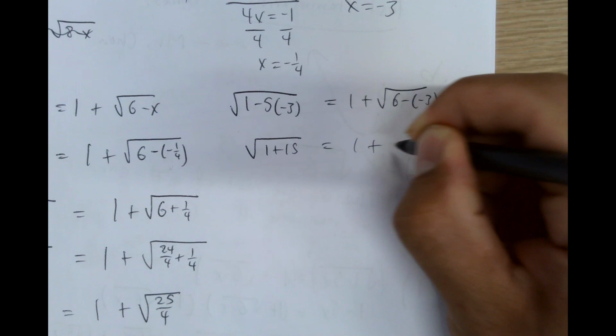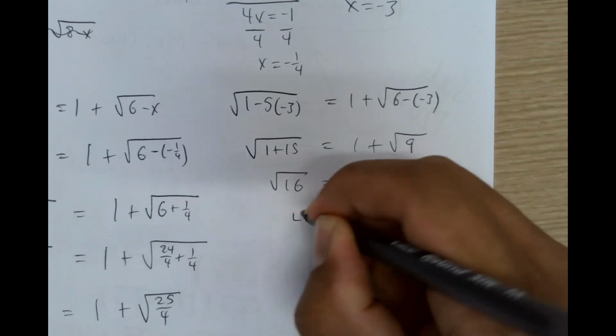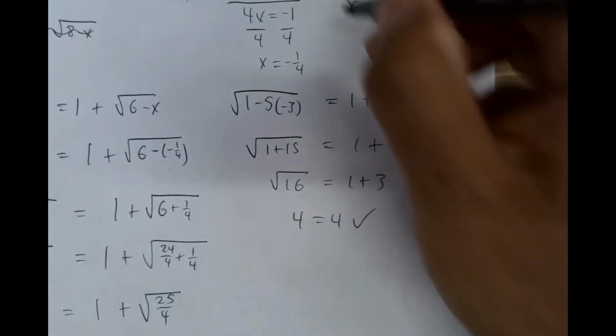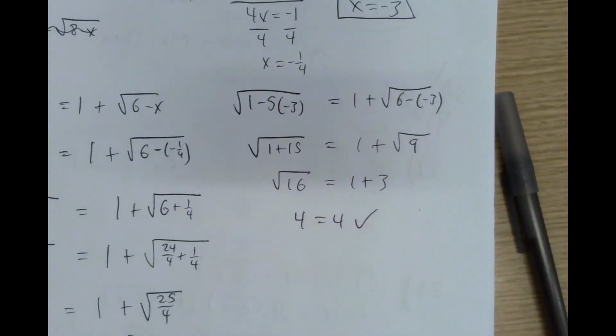So is the square root of 16 equal to 1 plus 3? Is 4 equal to 4? I would like to think so. And so our answer here is only x is equal to negative 3.